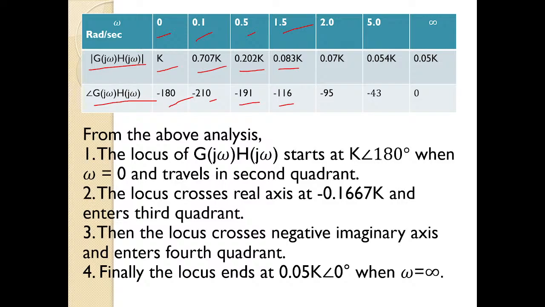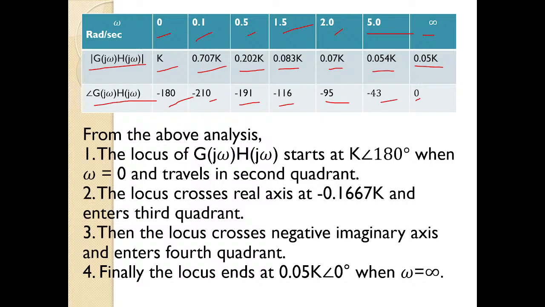For omega 2, the magnitude is 0.07 K and the angle is minus 95. For omega equal to 5, the magnitude is 0.054 K and the angle is minus 43. And for omega equal to infinity, the magnitude is 0.05 K and the angle is 0.